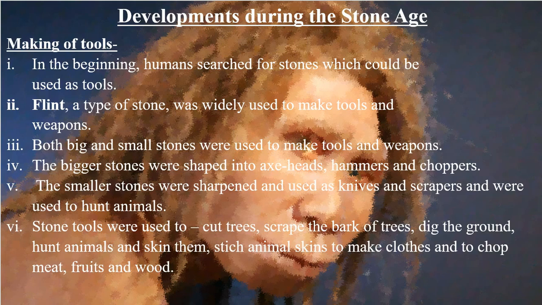Since flint chips easily, it could be molded into different shapes easily, and early humans chipped flint and other stones till they acquired the desired shape.